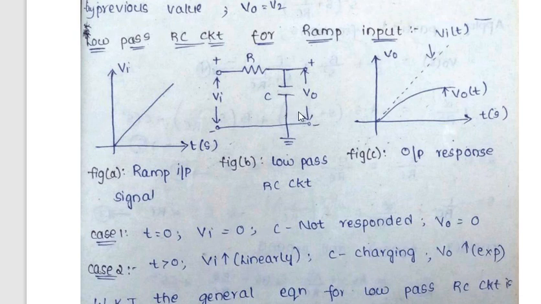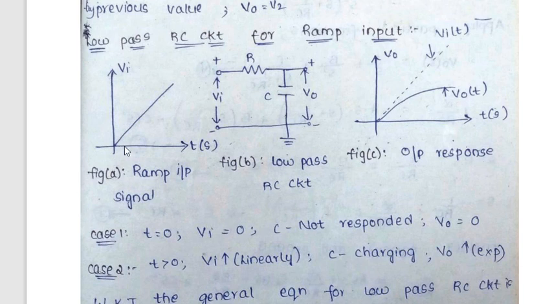So initially there is no voltage, that means the output voltage is 0 at t equal to 0. That is clearly represented here. So at t equal to 0, the input signal Vi is equal to 0, C has not responded, and the output voltage V0 is equal to 0.